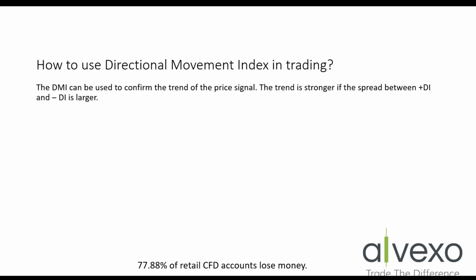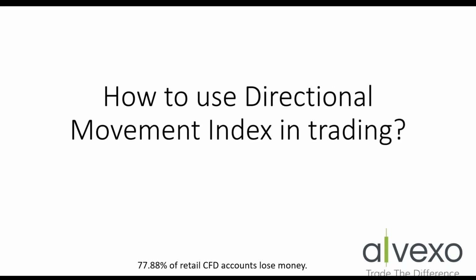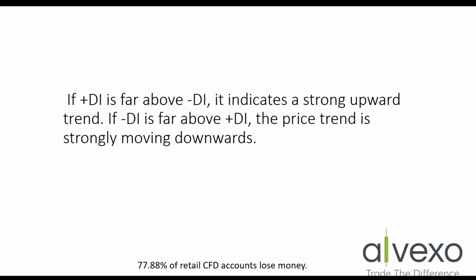Because why would it be larger? It means the highs are bigger and the lows are smaller. So if the plus DI is far above the minus DI, it indicates a strong upward trend. If the minus DI is far above the plus DI, the price trend is strongly moving downward.